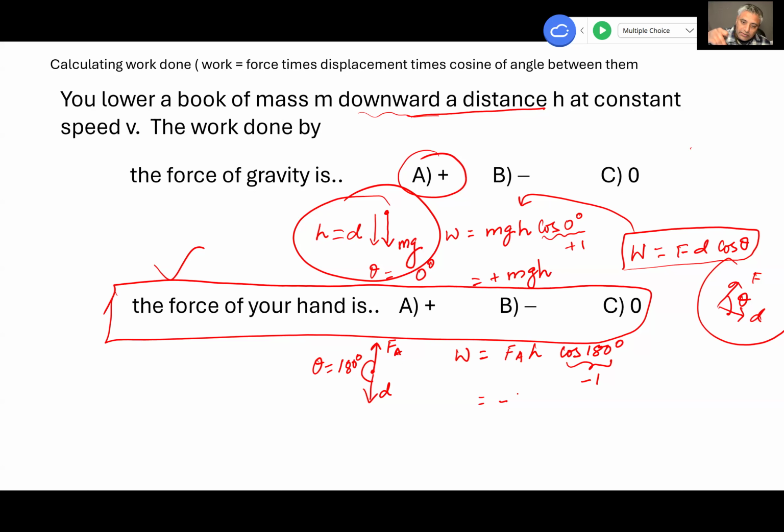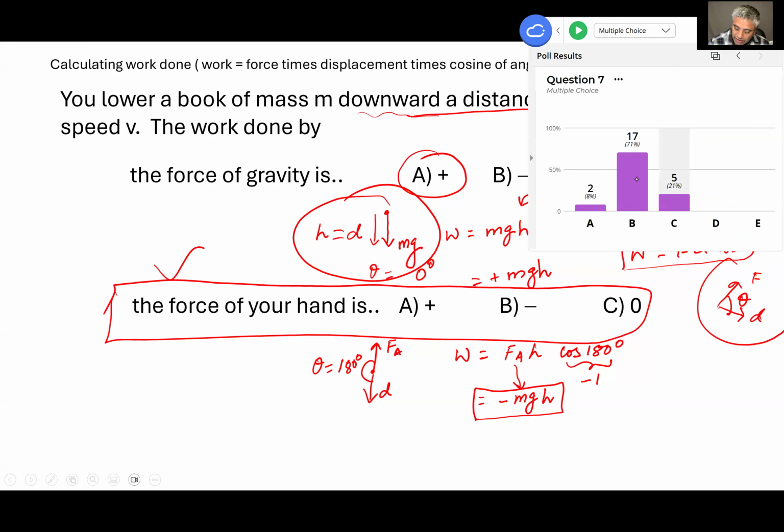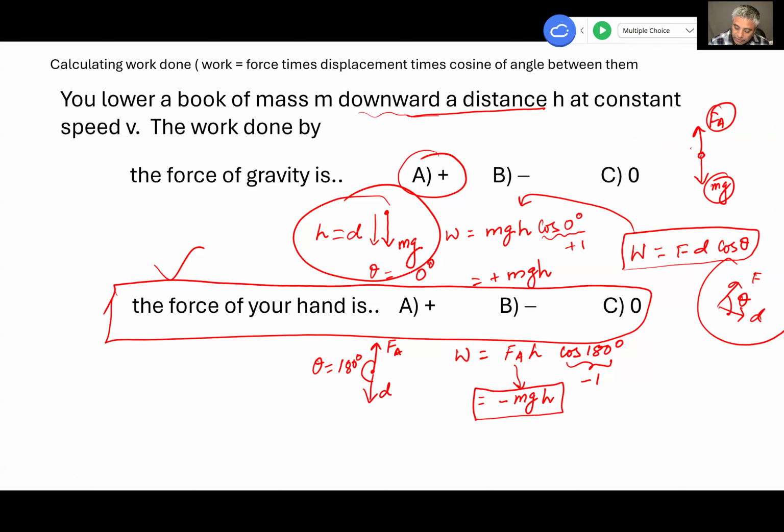If you are lowering with constant velocity, both of these forces are balanced. mg is down, F applied is up, so they are equal. So if you like, you can replace this by mg, and h is there. So this is negative work done, and that means that is B. So this one, most of you got it right.